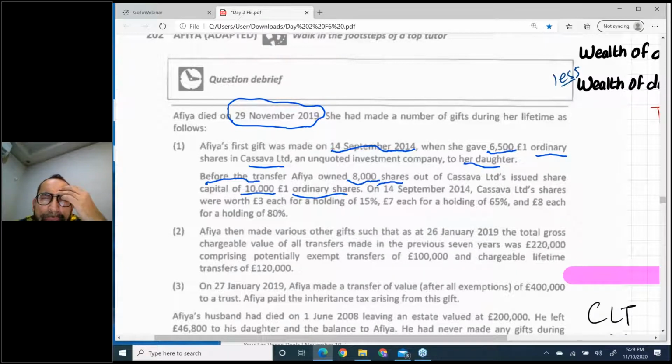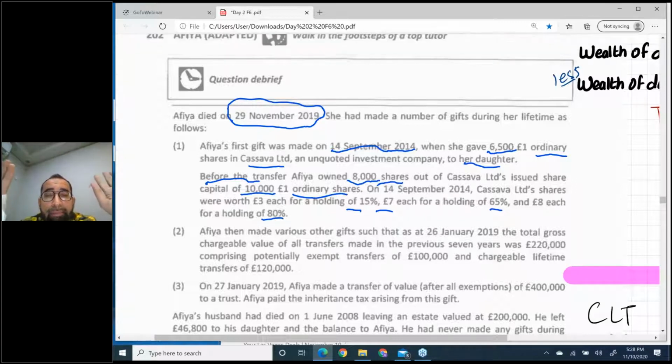8,000 shares is 80% of 10,000, so her existing holding is 80%. On 14 September, Cassava Limited shares are worth £3 for a 15% holding, £7 for a 65% holding, and £8 for an 80% holding.